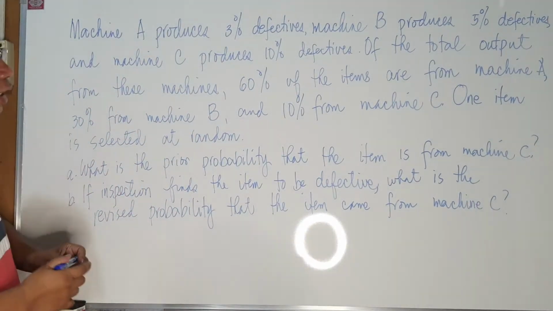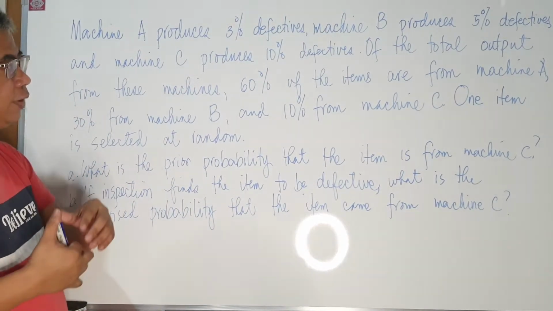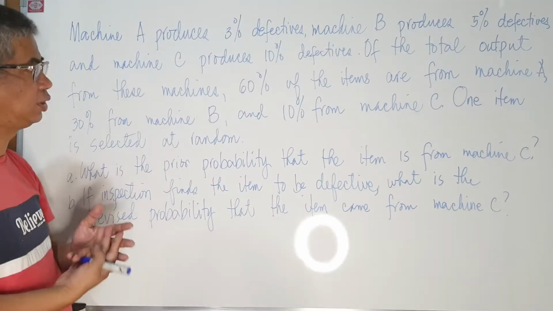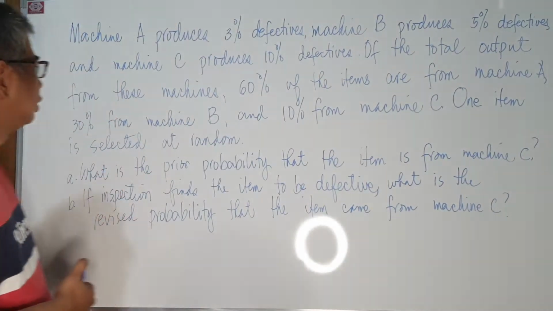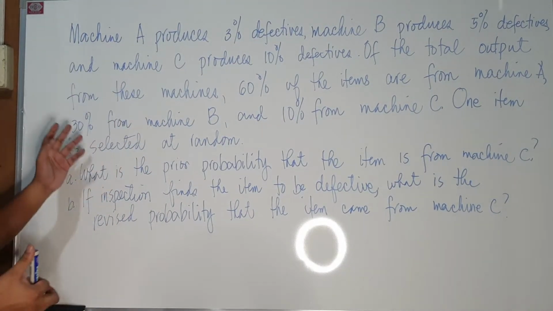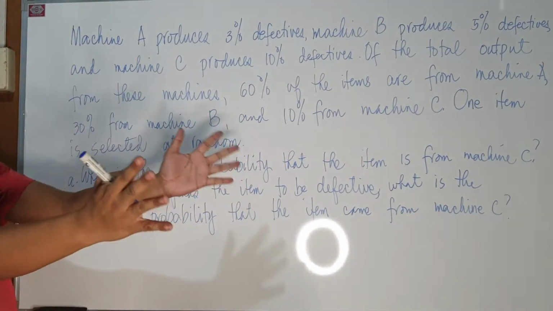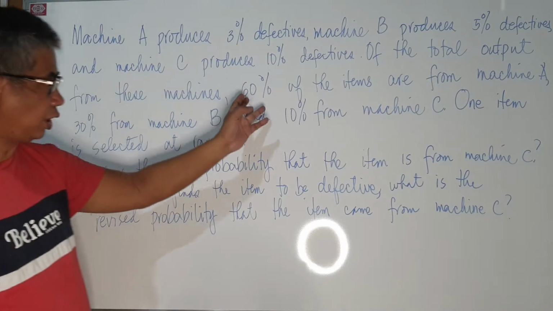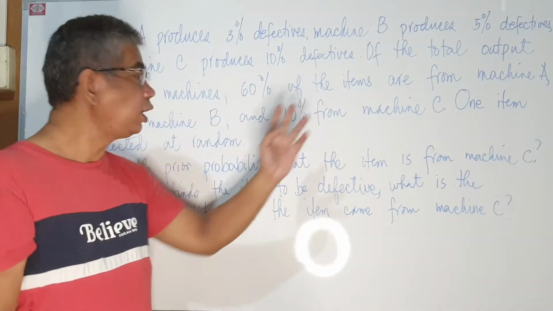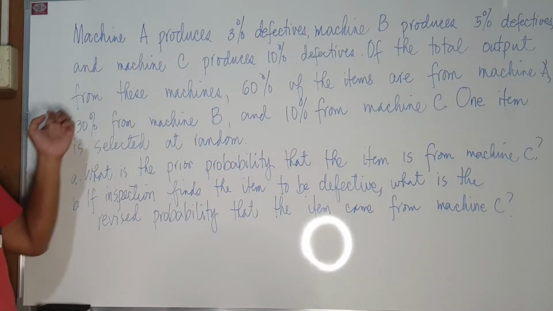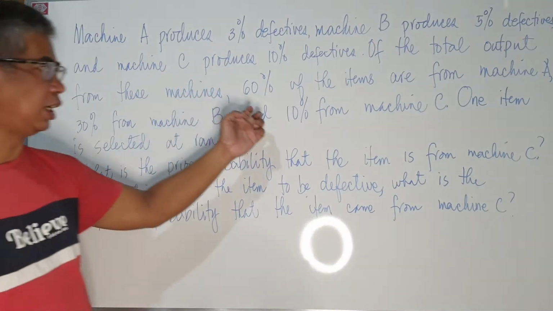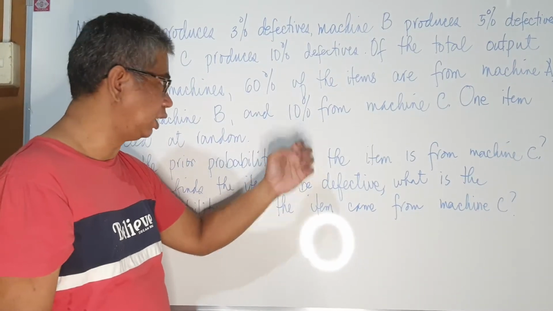Tapos ang Machine C, ang defective products na napoproduce niya ay about 10%. So, okay. So, tapos these machines contribute a final production output. 60% of which ay galing sa Machine A, 30% ay galing sa Machine B, and 10% galing sa Machine C.